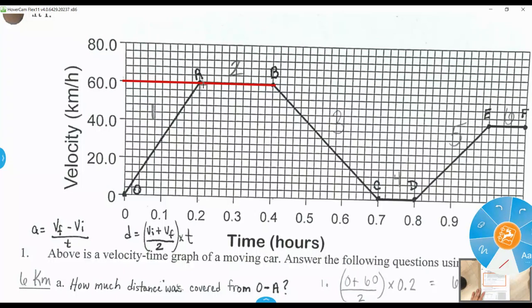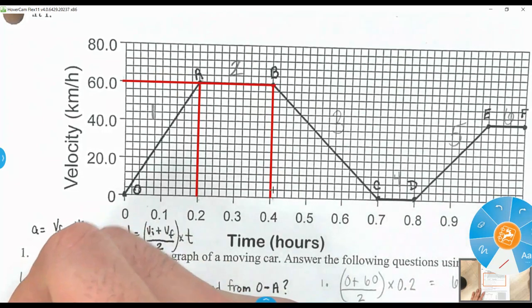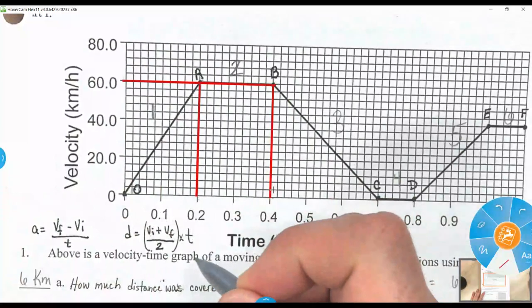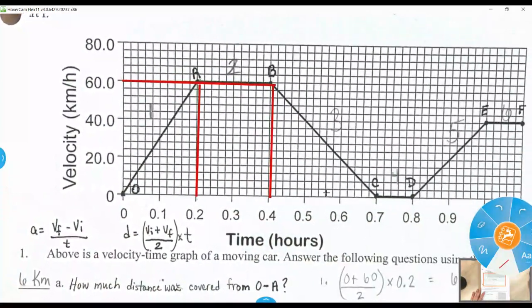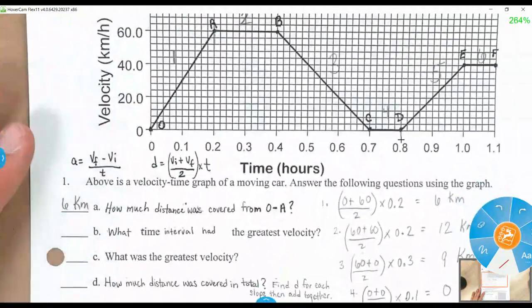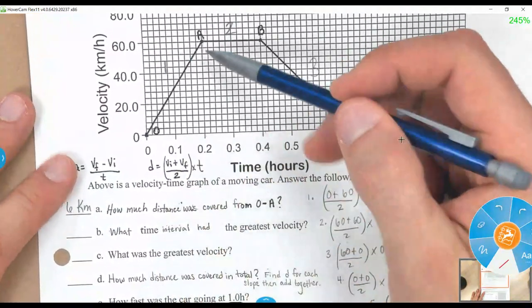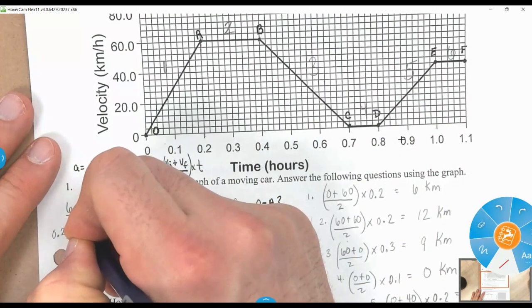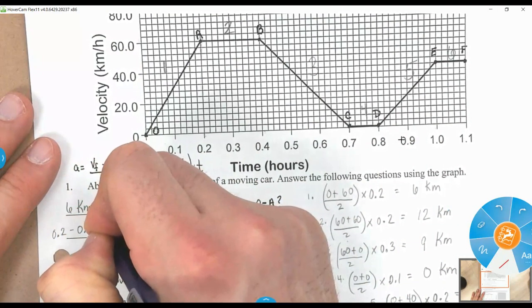So we could technically say from point A to B. But if it was on a quiz, if they're asking specifically for a time interval, it would be 0.2 to 0.4 hours.